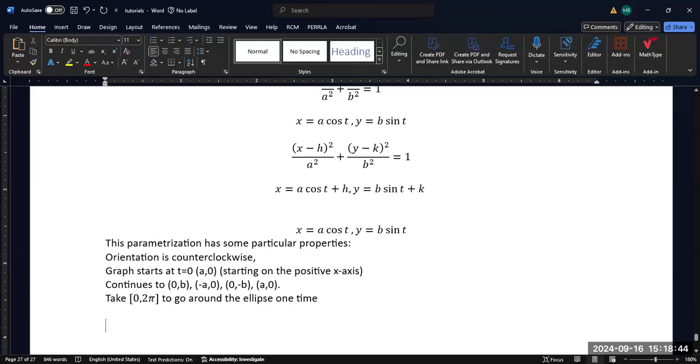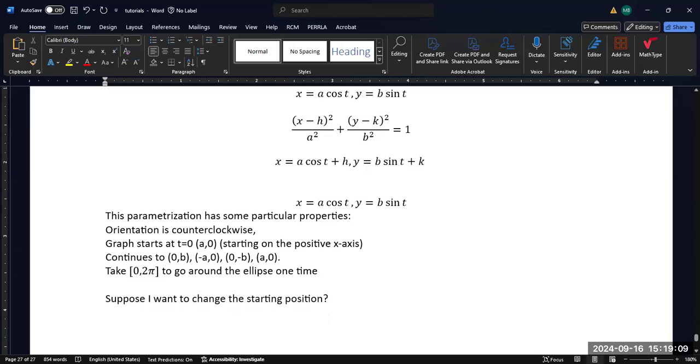Again, this is the standard parametrization. Now, there are things that I can do to change aspects of this parameterization. So, for example, suppose I want to change the starting position.